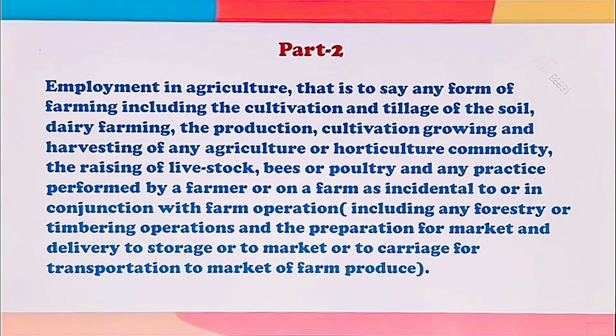Employment in agriculture, that is to say any form of farming including the cultivation and tillage of the soil, dairy farming, the production, cultivation, growing and harvesting of any agriculture or horticulture commodity, the raising of livestock, bees or poultry, and any practice performed by a farmer or on a farm as incidental to or in conjunction with farm operation, including any forestry or timbering operations and the preparation for market and delivery to storage or to market or to carriage for transportation to market of farm produce.